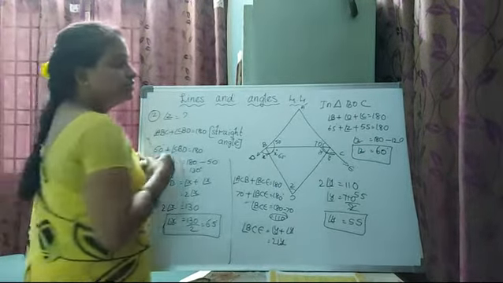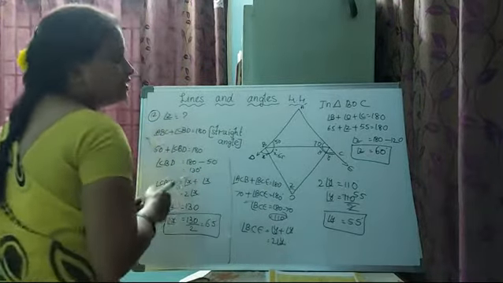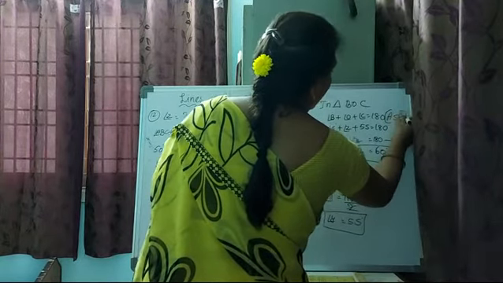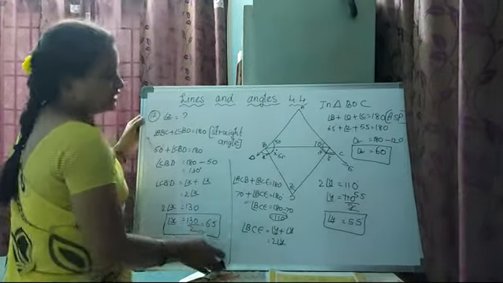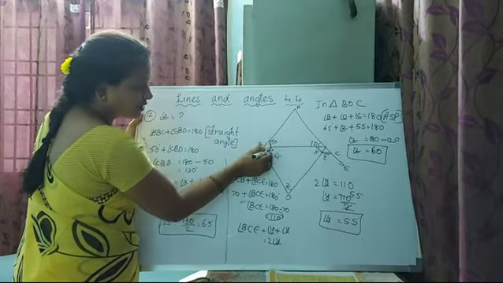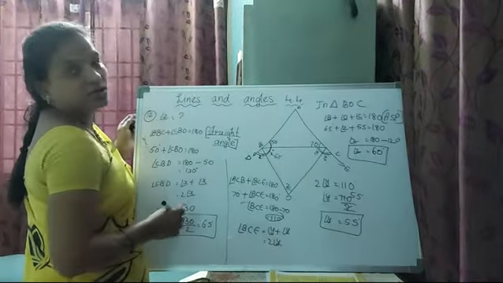See here, we didn't do anything, just in this triangle angle sum property. According to angle sum property, we discussed everything here. But if you come across here, you have to take the straight angle or linear pair.